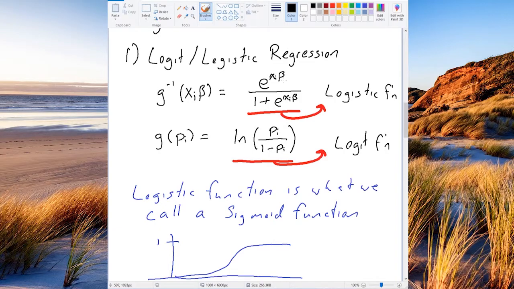But because of this nice setup that we've got with the logistic function and the logit function, where the logit function is the log odds, we can take our betas, and like I said, I'll show this in another lecture, and interpret them pretty directly in terms of the data.